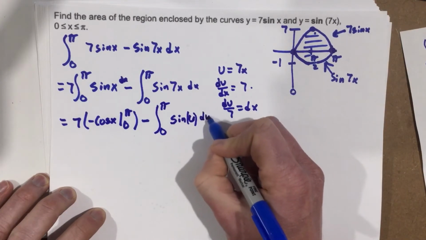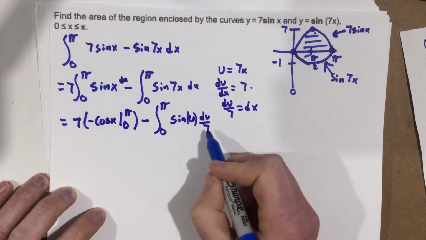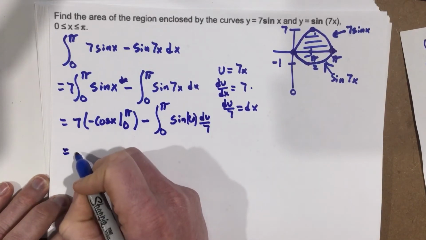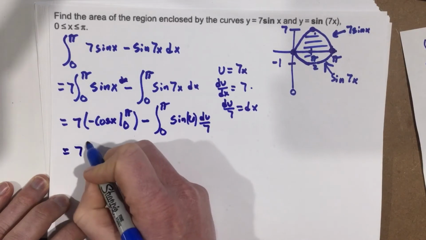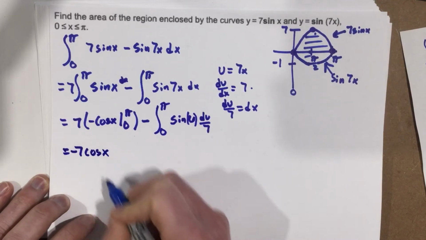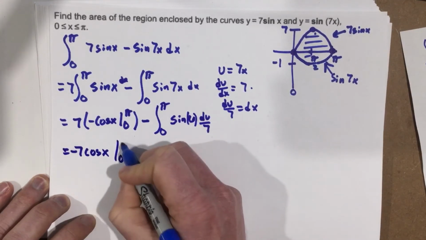I'm going to bring that out front. Well, I can just write the first part as negative 7 cosine x from 0 to pi.